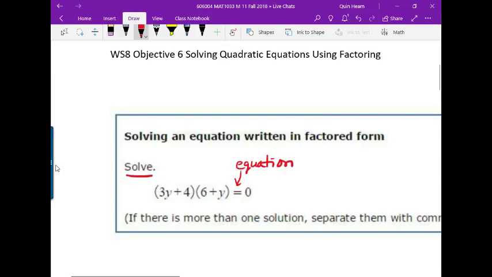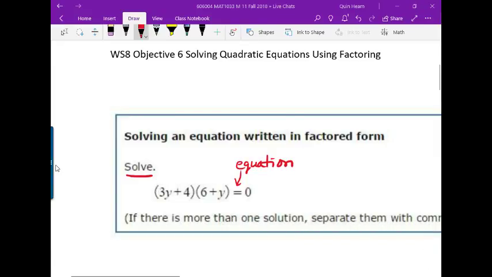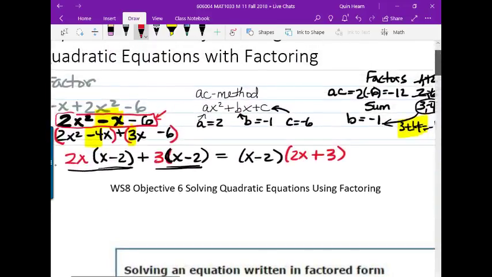And whenever you're asked to solve, people throw that word solve around kind of loosely, but there's a very specific meaning for it. When you solve an equation, you're looking for a value, a number, for the variable that makes the equation true. So sometimes when I'm working with students and they see a problem like this one up here, a factoring problem or other types of problems, they say, oh, we have to solve it.